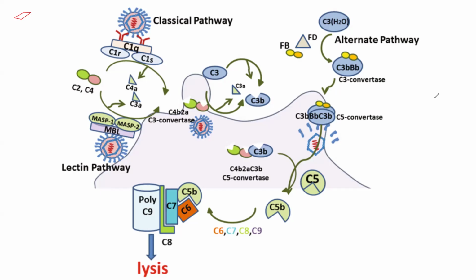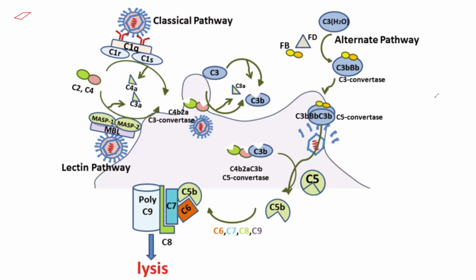These 30 proteins are named C1, C2, C3, C4, C5, C6, C7, C8, C9. These proteins are present in our blood, in the serum, in inactive form.